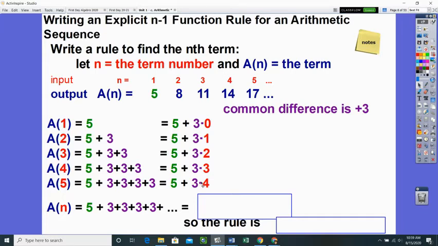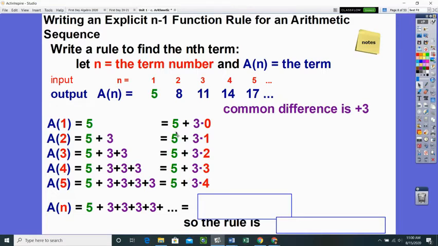Now, what I want you to notice, we want to write a general rule for any number of terms. We want a of n equals. Notice that we're going to have a 5 plus 3 in our rule times, now this is the thing that's varying. I want you to look that when we had the fifth term, we needed to add 4 3s. And when we had the third term, we had to add 2 3s.